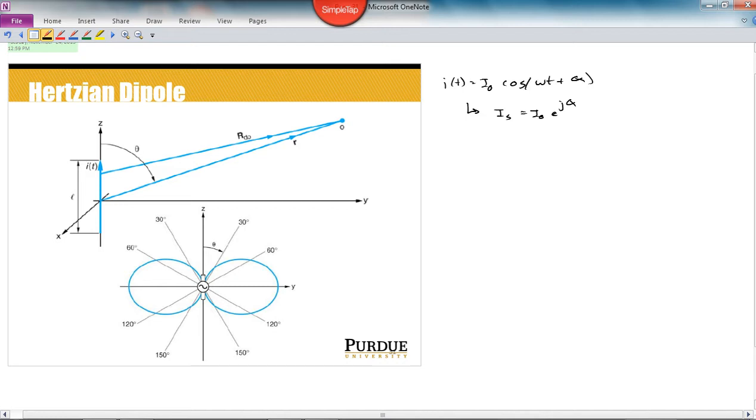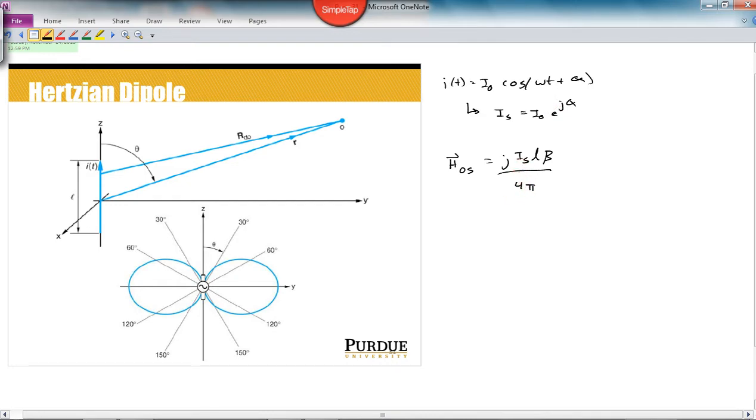For that assumption, it can be shown, I'm not going to prove it, that the magnetic field, electric field, and power density measured at a point O away from the center of the Hertzian dipole are as follows. The magnetic field at point O, in phasor form, is equal to j times I0 times the length of the antenna element times beta, which is given by the relationship between omega and the material that the wave is traveling in.